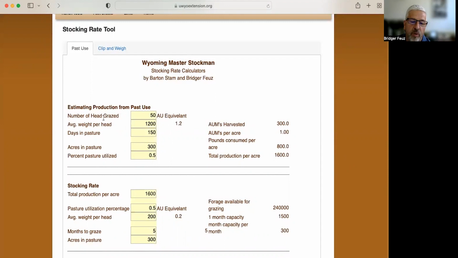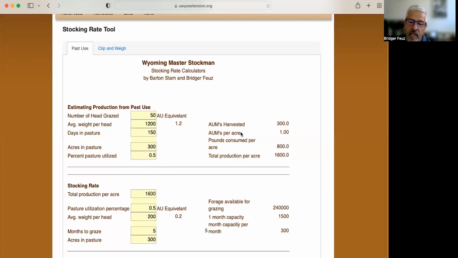So in this example, if we had 50 head of cows and the average weight per cow was 1,200 pounds, and we had them in a pasture for 150 days, there was 300 acres in that pasture, and we were utilizing good take half, leave half. So we estimated 0.5% utilization.